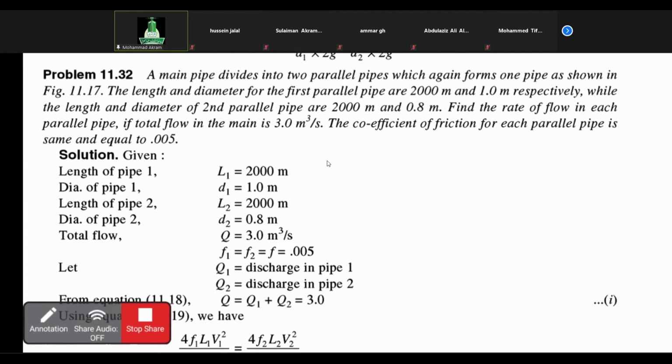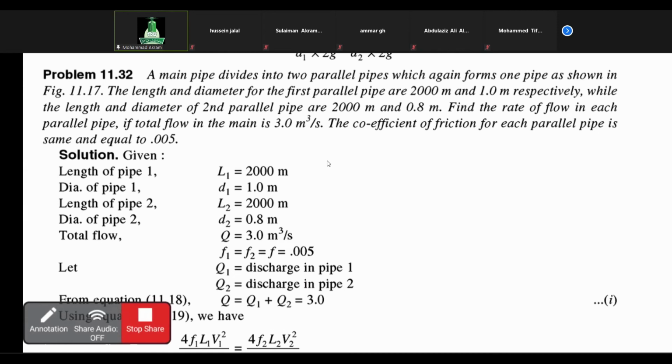That means Q will be different. If the total flow in the main pipe is 3 meter cube per second. The coefficient of friction for each parallel pipe is the same and equal to 0.005.